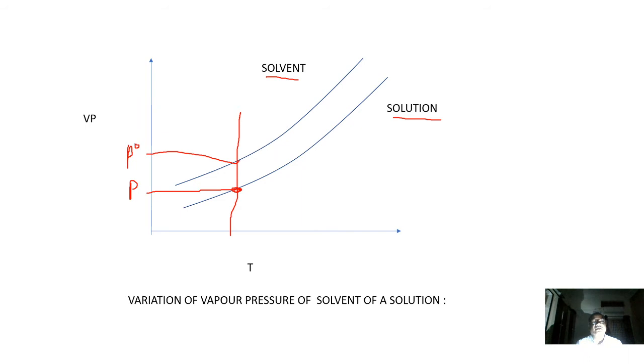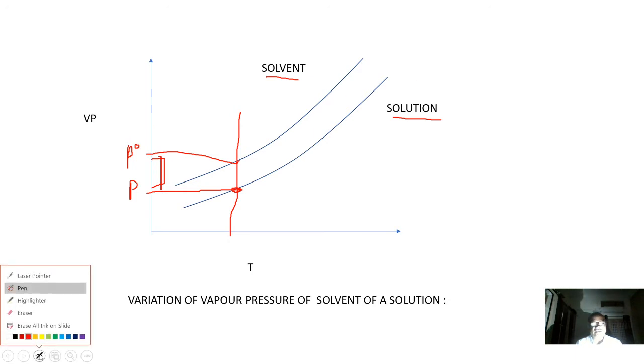Which is greater? P naught is greater than P. So the difference between these two, this amount, the difference between P naught and P, is called lowering of vapor pressure. Graphically, we can explain the lowering of vapor pressure. What is the meaning of lowering of vapor pressure? This P naught minus P is called lowering of vapor pressure.